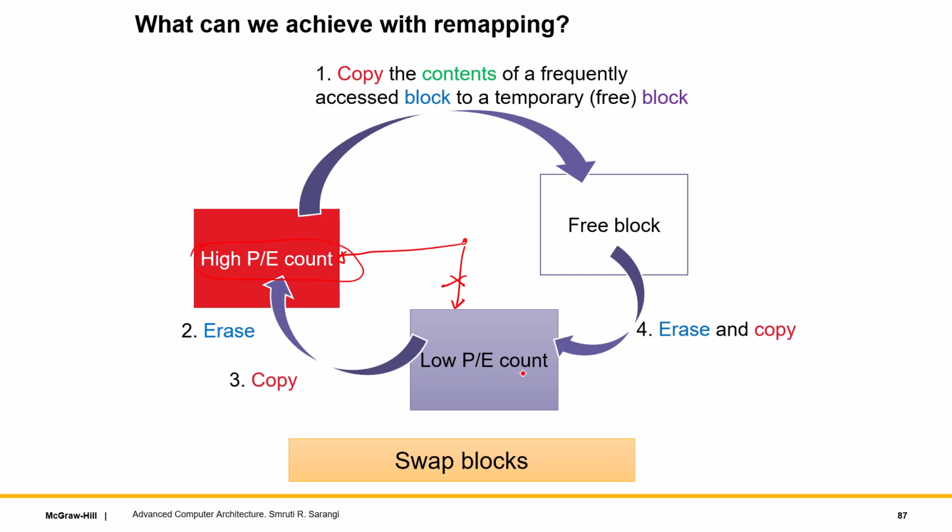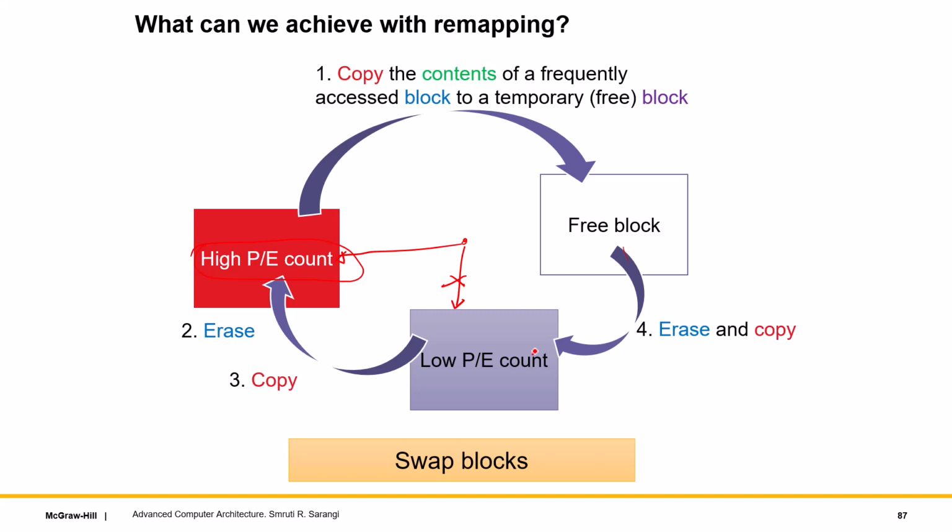Now the point is that this has a low PE count, so we should rather focus on increasing it, again to homogenize. So we erase the contents here and we copy from the free block to this point. We are using an additional temporary block, but the swapping of blocks with a low PE count and a high PE count is essential for the sake of wear leveling, right?